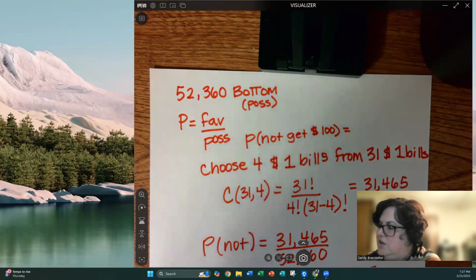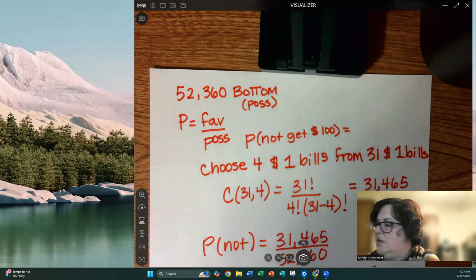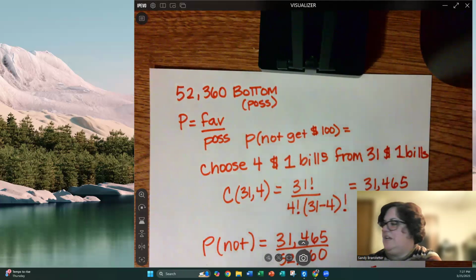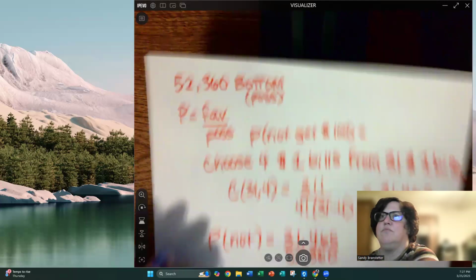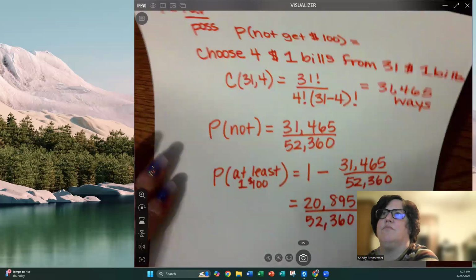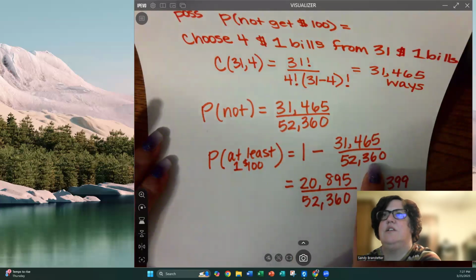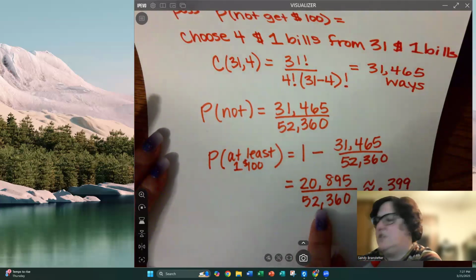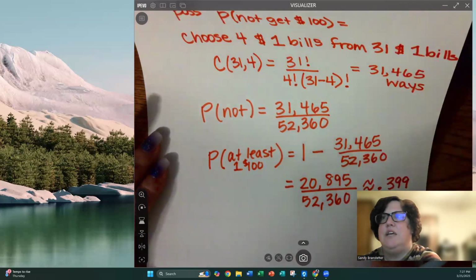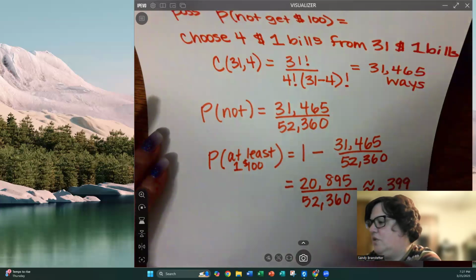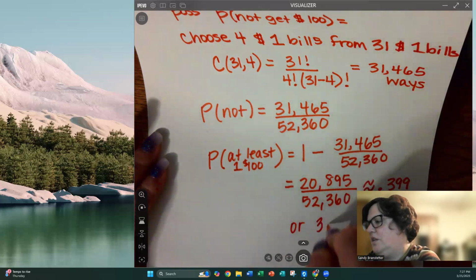Notice my denominator is the same, and that is approximately equal to 0.399, or 39.9%.